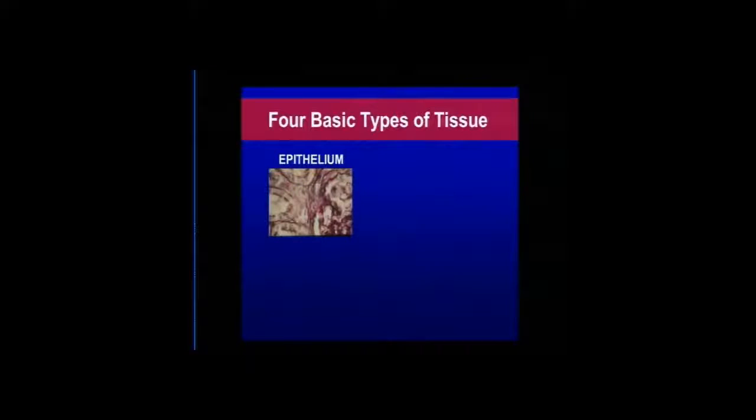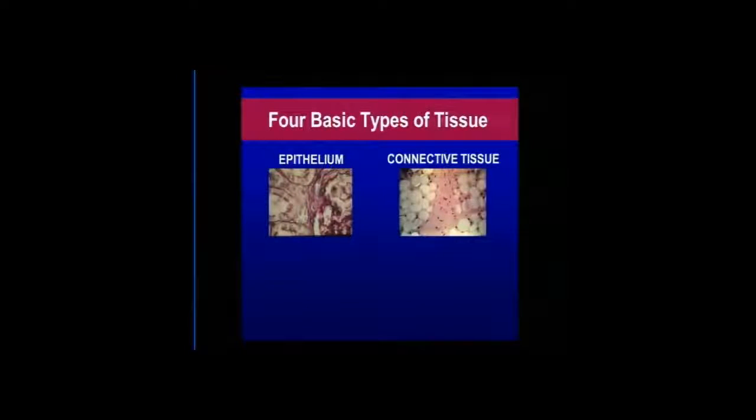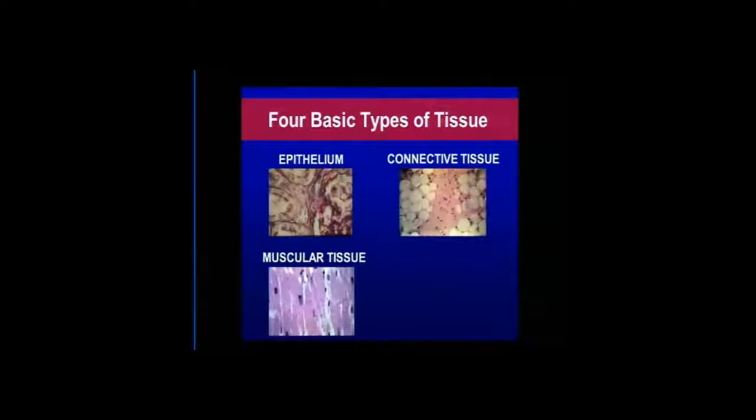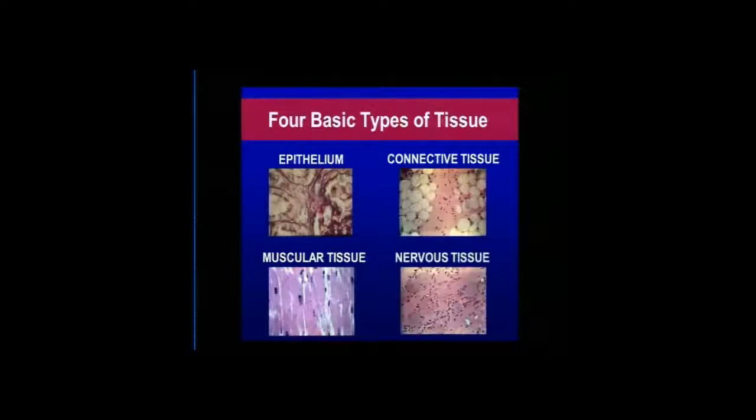So back to the four basic types of tissue. Remember we talked about epithelium, connective tissue connects, muscle tissue contracts, and nervous tissue has communication.